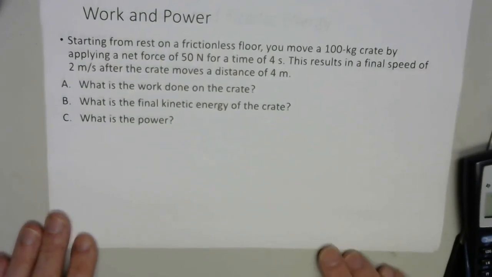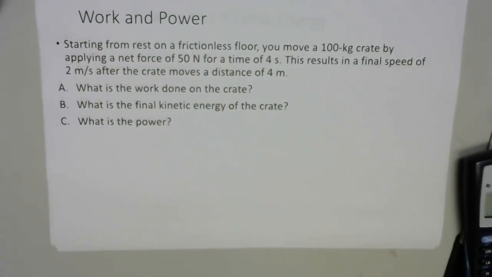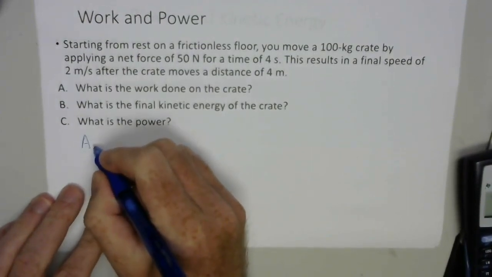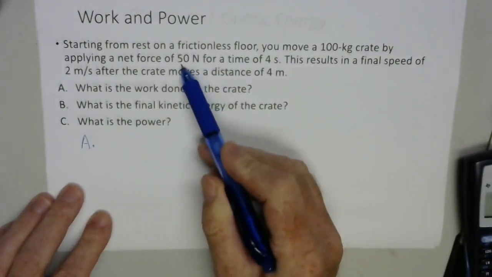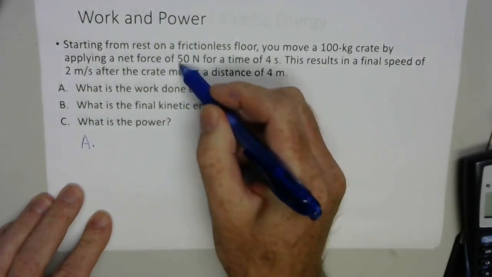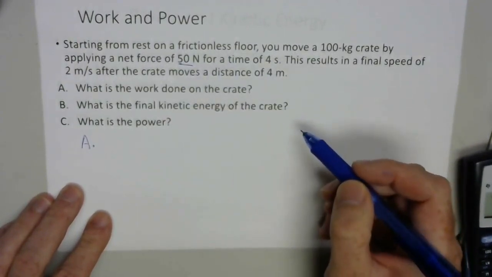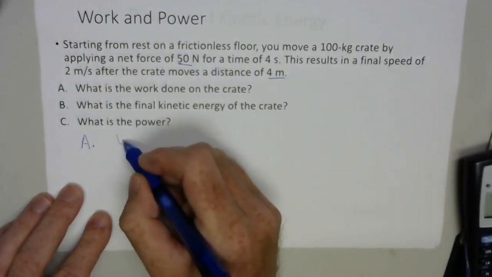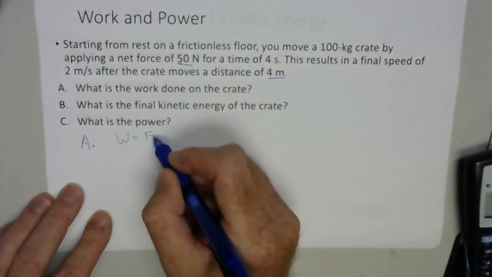Let's say we start from rest and move a 100-kilogram crate by applying a net force of 50 newtons for 4 seconds. It results in a final speed of 2 meters per second if the crate moves a distance of 4 meters. What's the work? So for applying 50 newtons of force over 4 meters, our work is just force times distance.